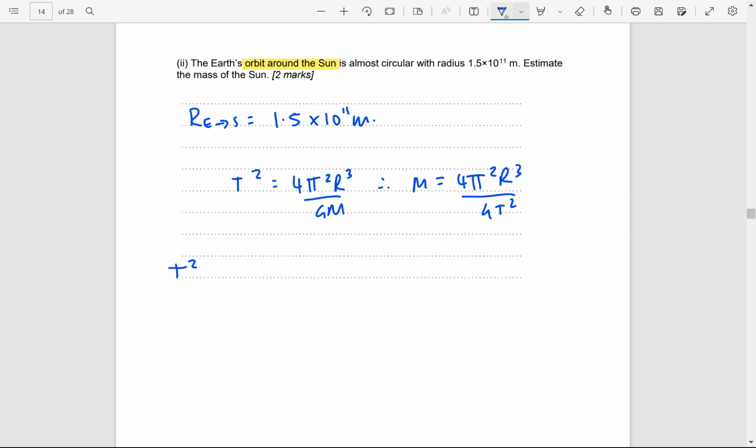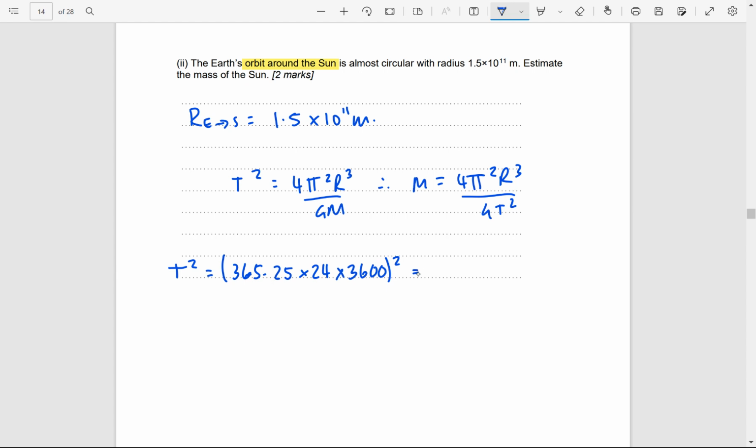All right, so it's not one day, it's not 1 week, it's not 1 month, it's a year. So it's 365. I must be honest, I always do 365.25, but I don't think the mark scheme wanted that. I can't remember. I think they were happy with 365. And I've squared it because it's T squared in the equation.